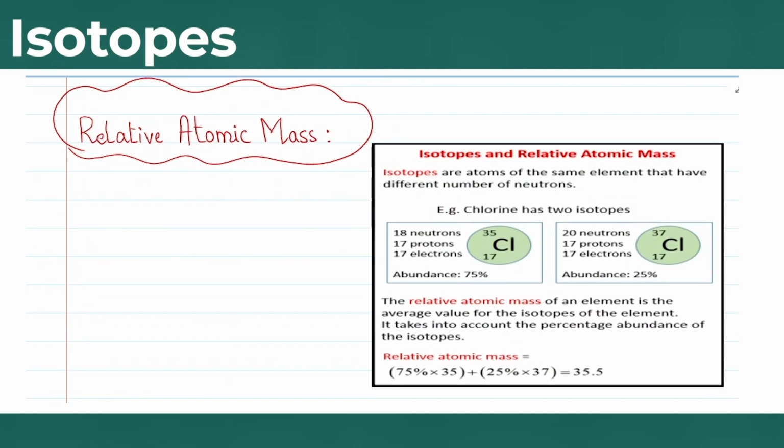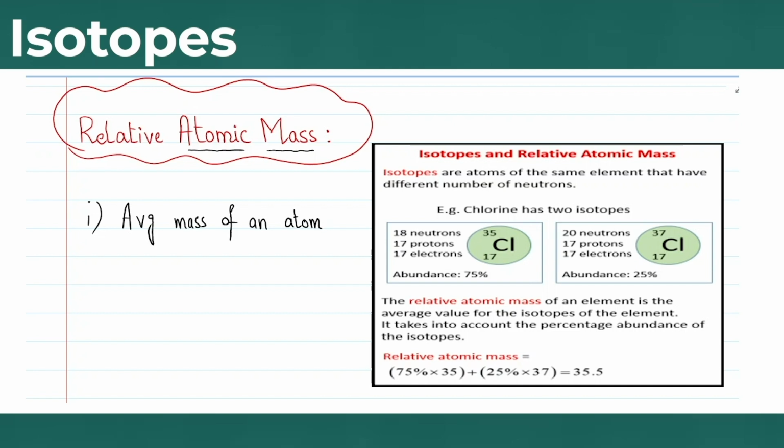Because to understand relative atomic mass, we have to understand the 2 key points. Number 1, atomic mass. The mass of an atom. So this is an average mass. The first point which we have to mention, it is an average mass of an atom.